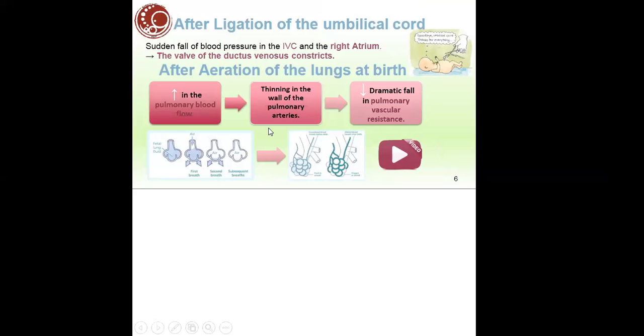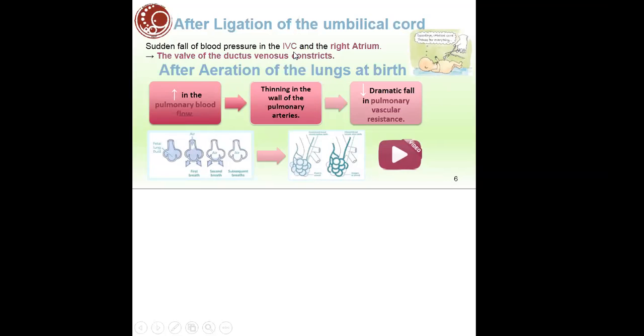Now, after ligation, you see here is the baby, they are ligating the umbilical cord. So, after ligation of the umbilical cord, there is a sudden fall of the blood pressure in the inferior vena cava. Why? Because, as we said, the baby is dependent on the umbilical vein, and this umbilical vein brings the blood to the inferior vena cava either directly or indirectly.